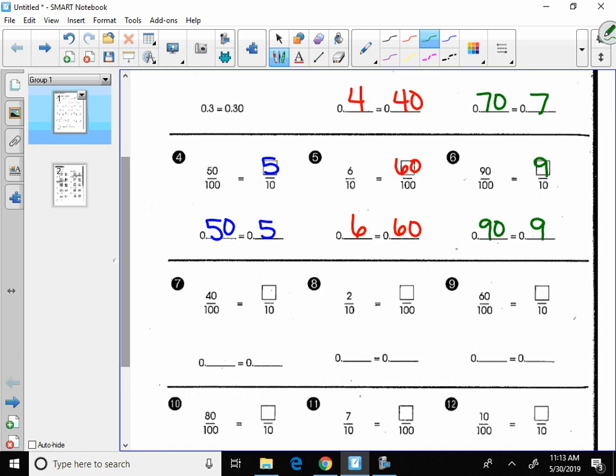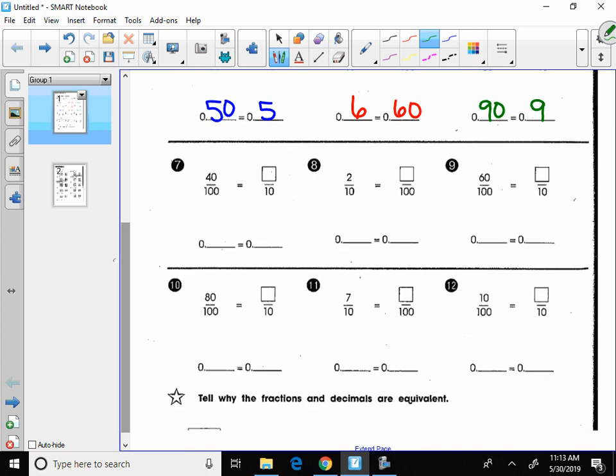90/100, 9/10. 40/100 is the same as 4/10. Here's our decimals. 2/10 is 20/100. 60/100 is 6/10.